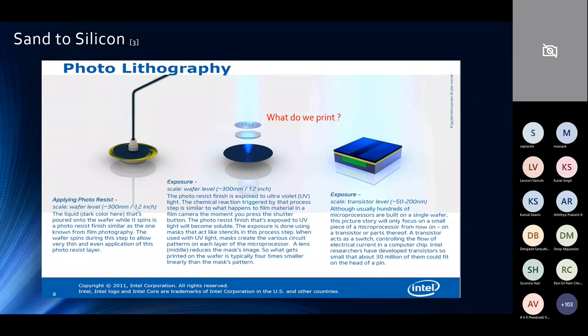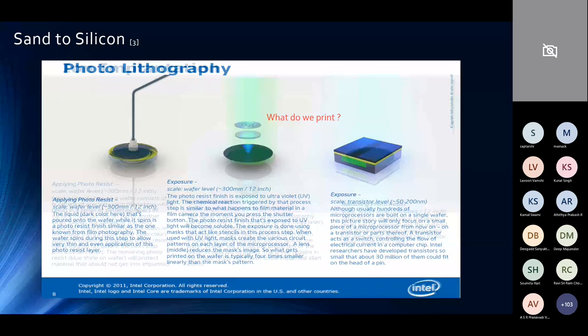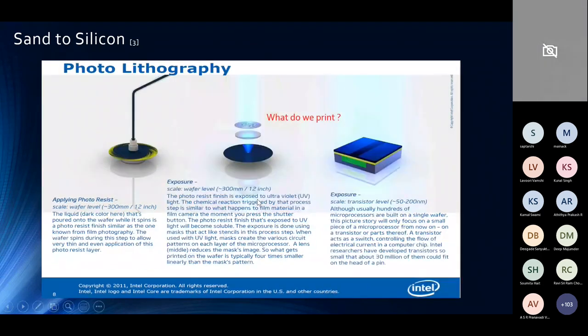So that photoresist, whatever we saw here for all these steps, they get exposed to a certain design pattern. And again, this is a very simplified version. So this is called a mask.